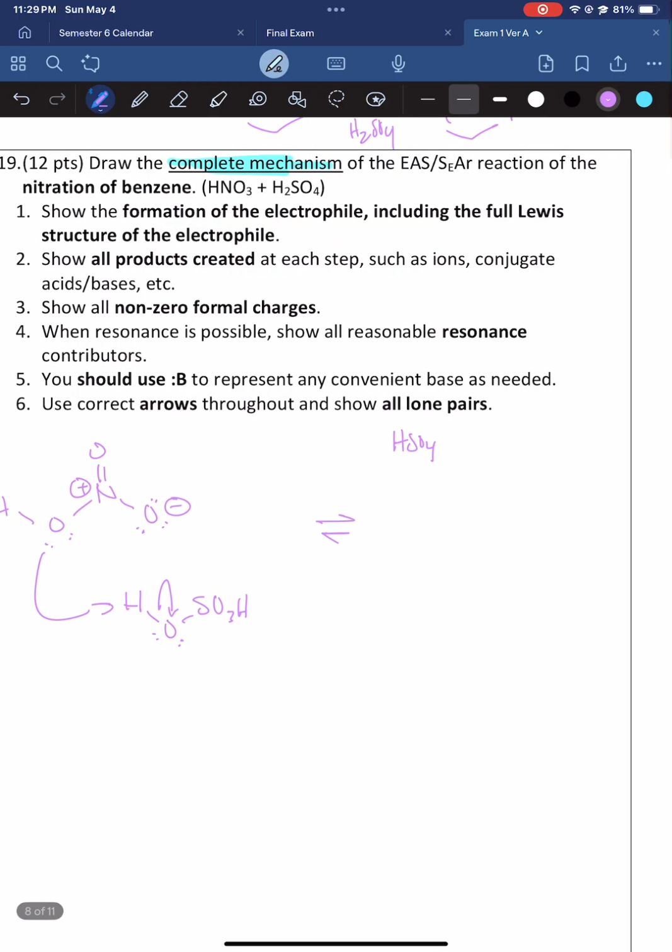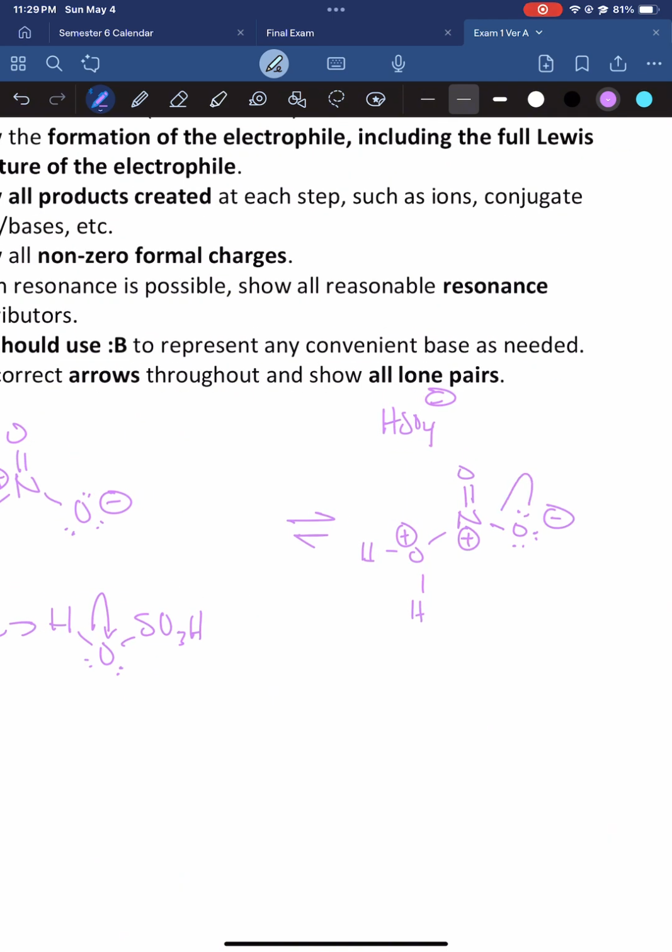We have an ion here in solution, and then more importantly, we have our ion here. This is going to have a positive charge here and a negative charge here. So in this case, with a little bit of resonance, these electrons are going to collapse back down to here.